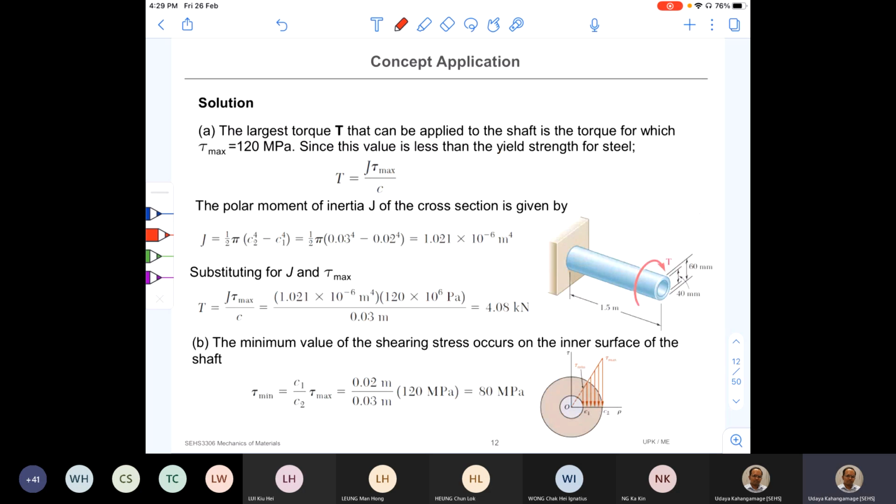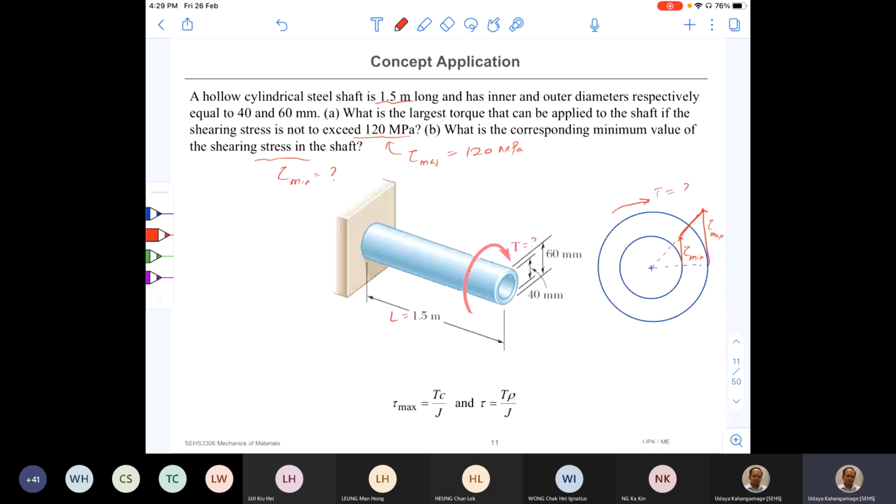I'm going to use the equation that we just derived.